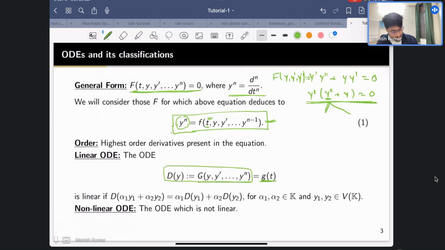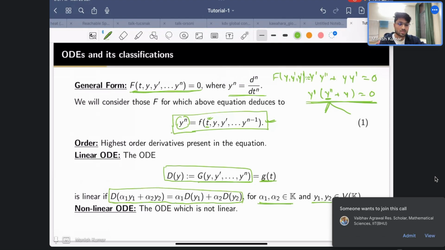Now define this as an operator D, given by this. If D satisfies the linearity property written here, that D of alpha 1 y1 plus alpha 2 y2 is equal to alpha 1 D y1 plus alpha 2 D y2, for all alpha 1, alpha 2 in the field k, which in our case will be R, and y1, y2 belong to the vector space or the solution space of that differential equation, then we say that the differential equation is linear.